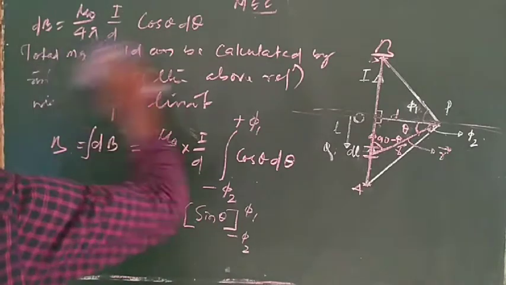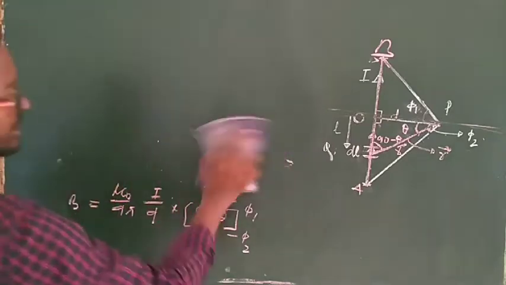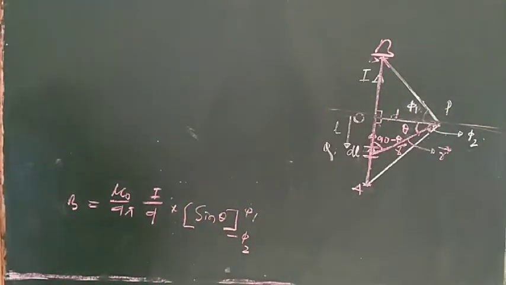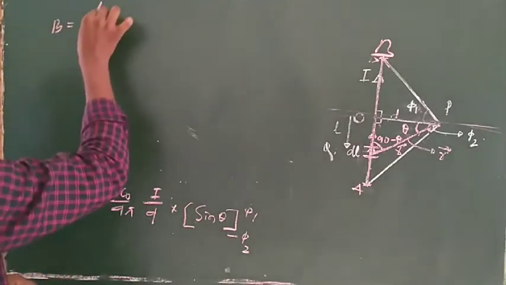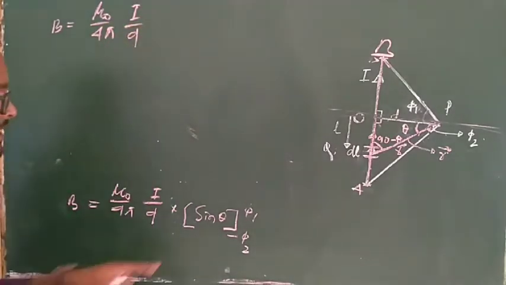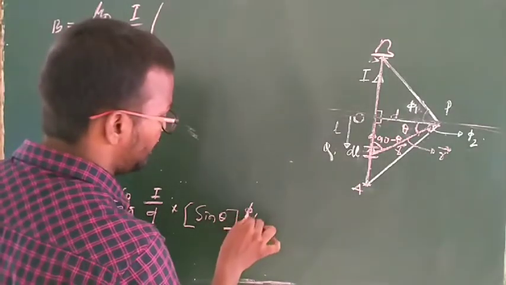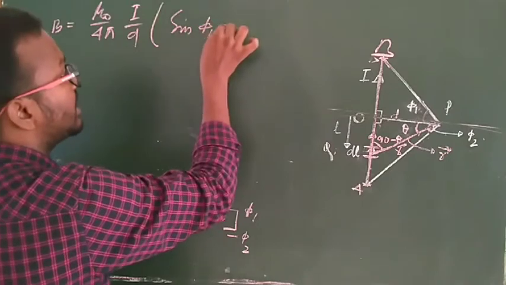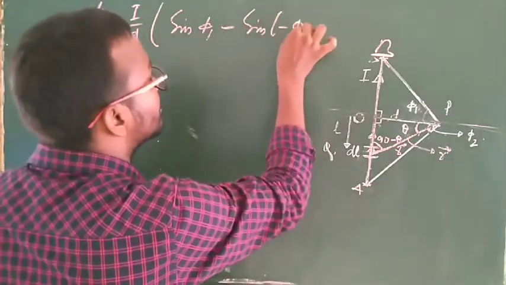Now the above relation can be written as: magnetic field B equals mu naught by 4 pi, I by D. Now use the limits. First we use the upper limit, then sin phi 1 minus sin of minus phi 2.